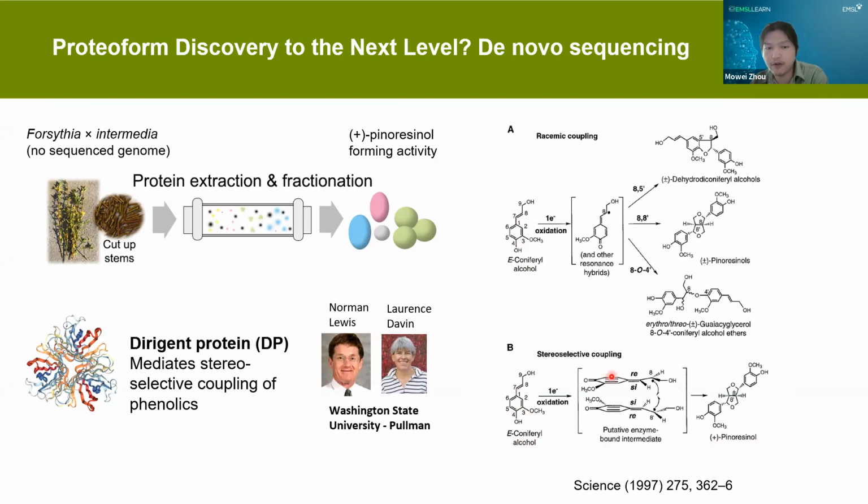The hypothesis is that the protein binds those radicals once the substrate is oxidized and forces them into a very specific orientation to give this specific stereochemistry. Without this protein, if you just oxidize this compound, you will form all those racemic products because you don't have control over the product stereochemistry.